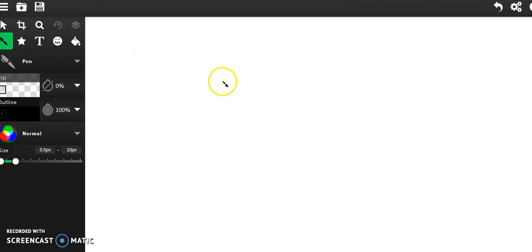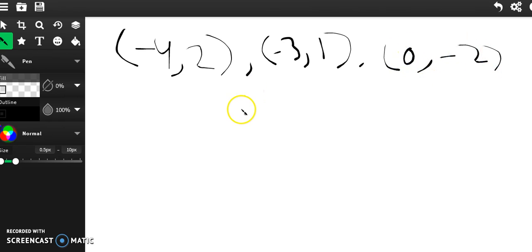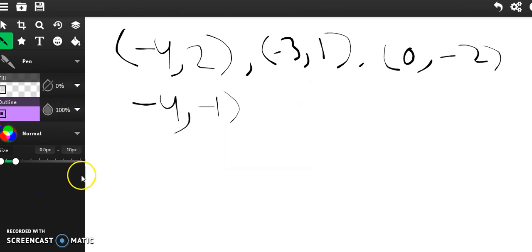So let's say we had the pairs -4, 2, -3, 1, 0, -2, and -4, -1. Let's see whether this is a function or not. This is a relation, we're going to find out whether it's a function.